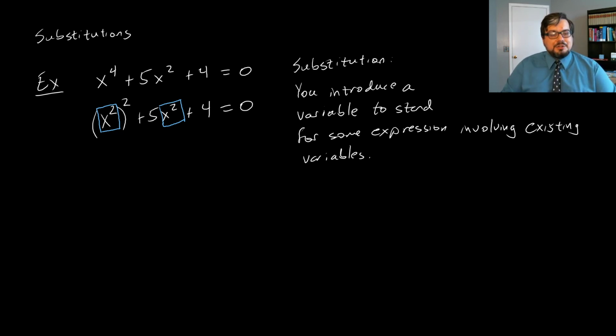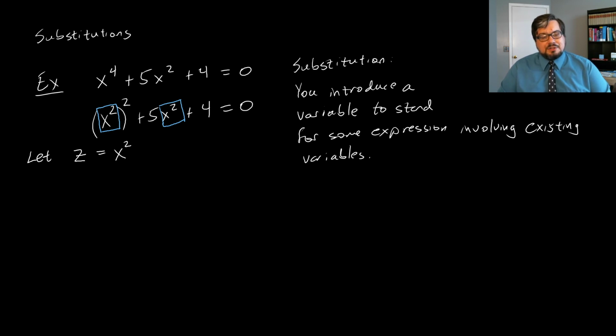So what we can do is the following. We can do a substitution. We can let some new symbol, I'll use the symbol z, equal x squared. We can introduce a new symbol and have it be whatever we want.